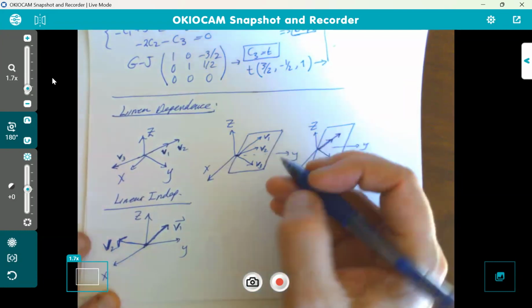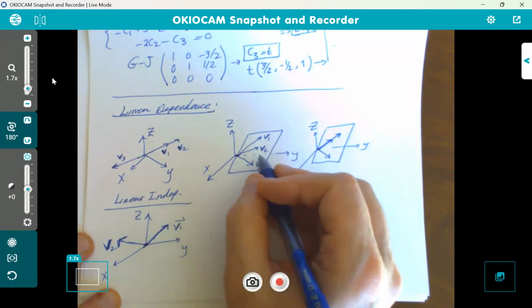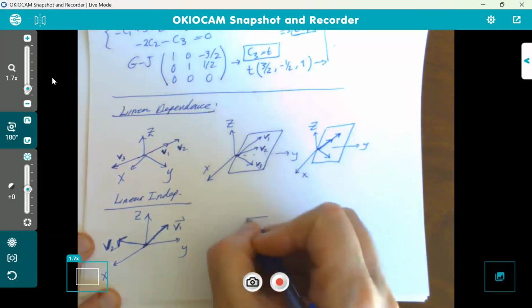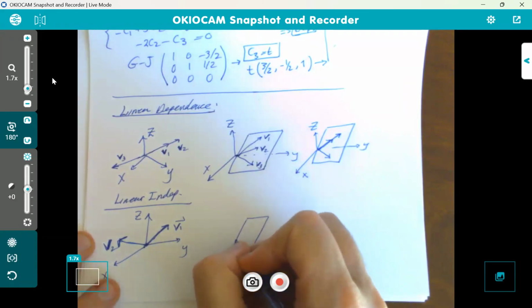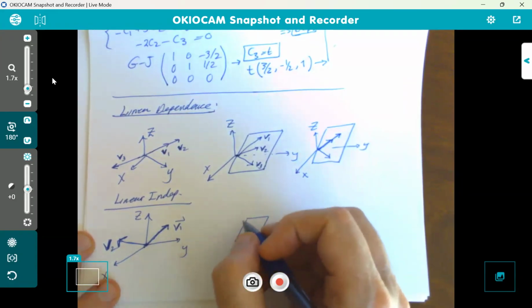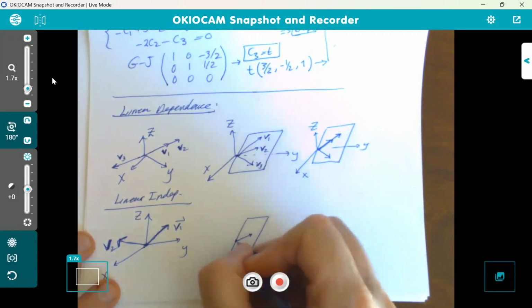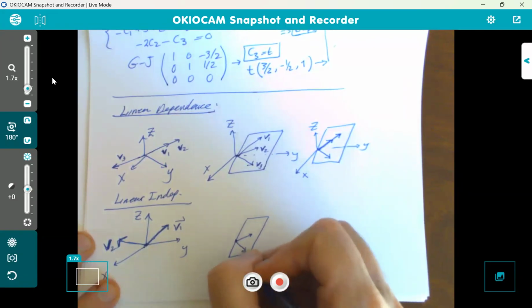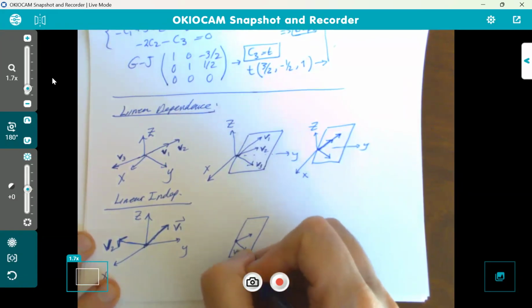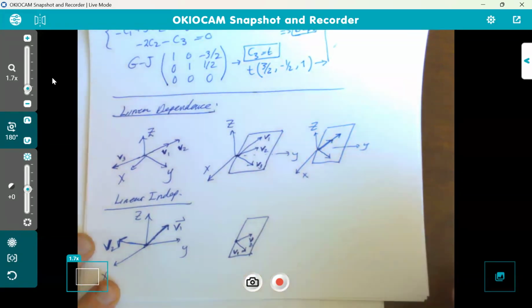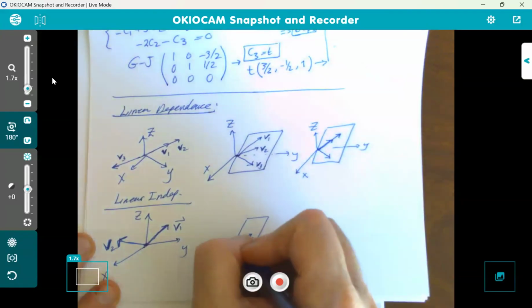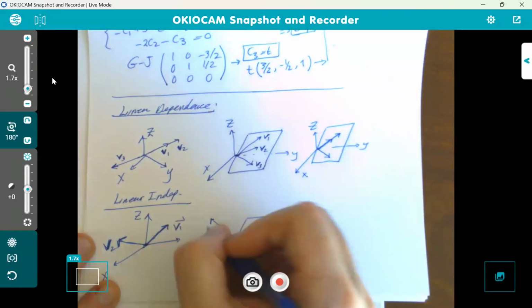Now, the other way it could be linearly independent, let's look at something like this one. So I could create that plane again. And suppose here, I'm going to make V2 and V3 coplanar, meaning they're on the same plane. So here is V1 and here is V2. So I've got these two coplanar vectors. Now the other one, boom, V3.